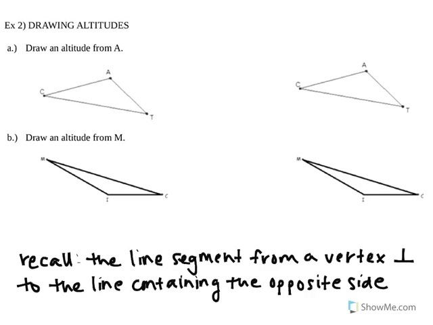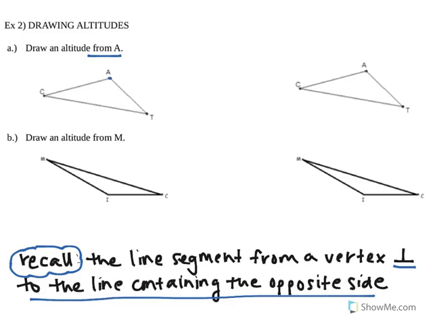So looking at example 2, we're drawing altitudes, and in part A, we can see that we're drawing an altitude from vertex A. So if I'm starting at vertex A, again down here I've rewritten that definition. We know we have to start from the vertex and then be perpendicular to the line containing the opposite side. So my first step is to figure out, well, where's the line containing the opposite side? So the opposite side is CT, so this orange dotted line that I'm drawing, that's the line containing that side.